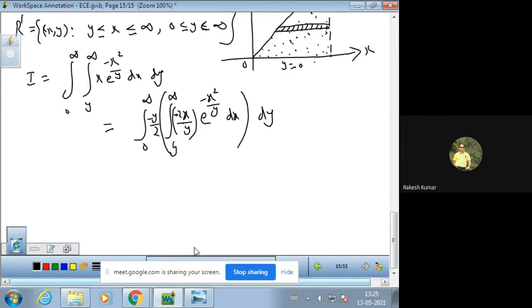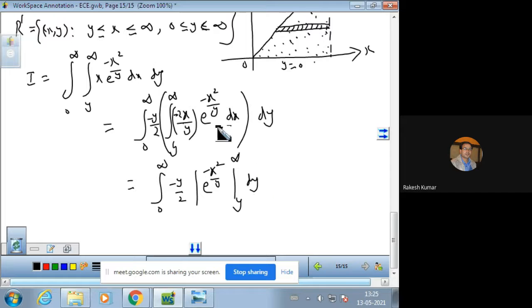So it means you will multiply with minus y by 2. So you have 0 to infinity, minus y over 2, and this is the integration of e raised to power minus x square over y. Limits are y to infinity, because we have e raised to power x and its derivative is with this. That is why we have made this adjustment of minus 2 over y and minus y over 2, just to make the integration easier.